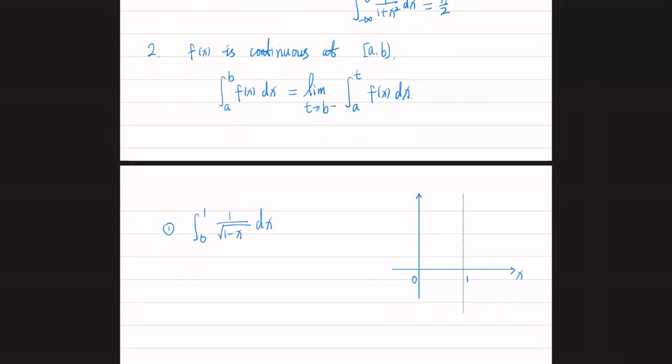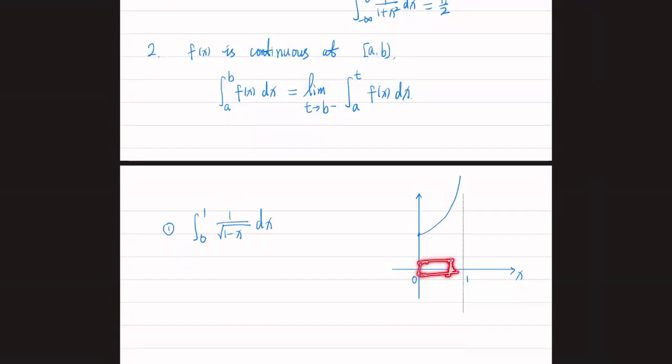So this function is 1 over the square root of 1 minus x. If x is 0, we're at 1. But if x increases, the denominator decreases, so 1 over this increases. For each t, this function is continuous on the interval from 0 to t.